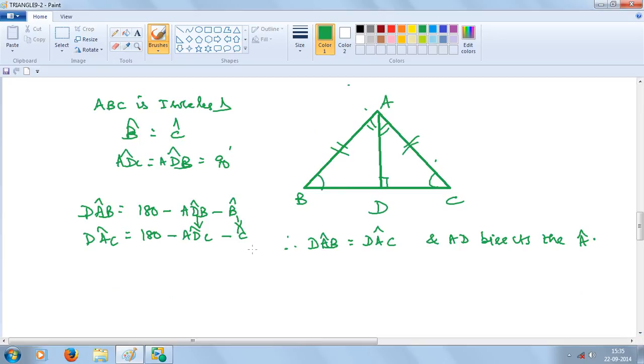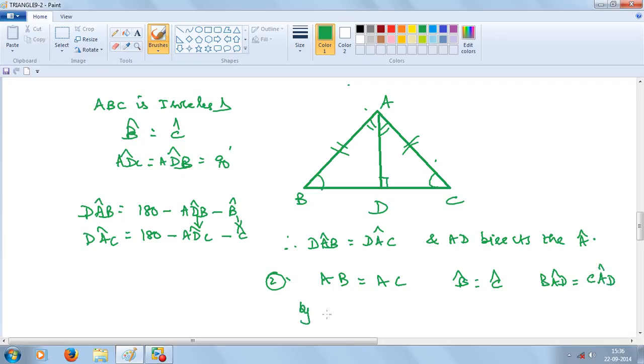So it is an isosceles triangle. The next part of it is very easy. The second part of it we can prove this way also. AB is equal to AC, angle B is equal to angle C, angle BAD is equal to angle CAD.